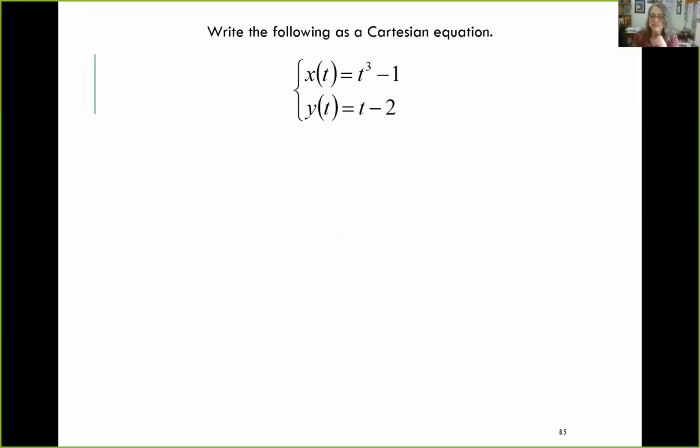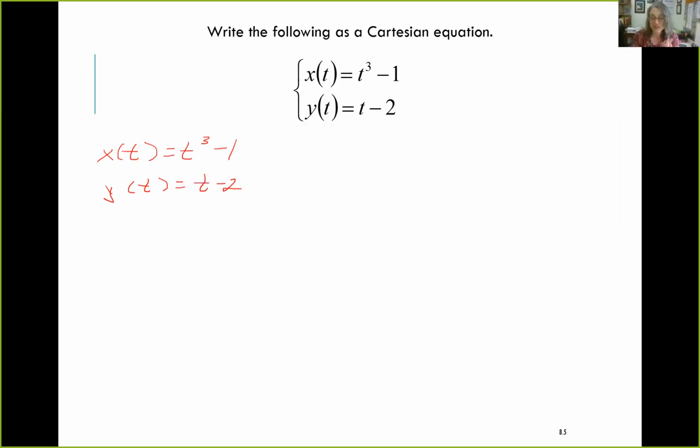So this is the same example we looked at earlier. Let's write this as a Cartesian equation. So here's what we're going to do. We look at our two equations. We've got x of t equals t to the third minus 1, and we've got y of t equals t minus 2. One of these is easier to solve for t than the other.